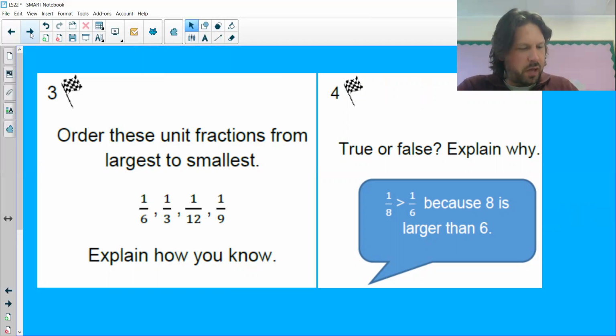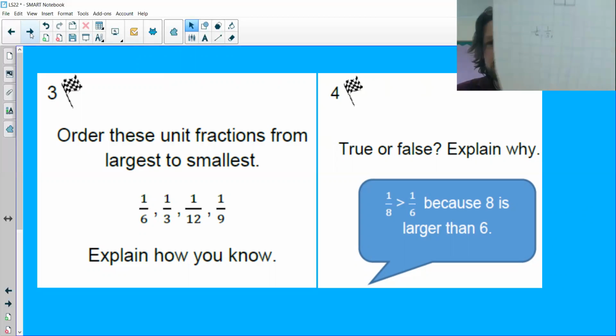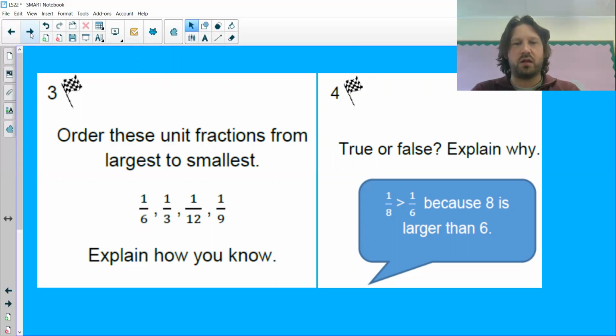When you're ordering on your page, make sure you put a comma in between and you space out nicely so that you've got your comma in between there. You might not have to, but you can do that on line paper as well. Just make sure there's a nice space in between.